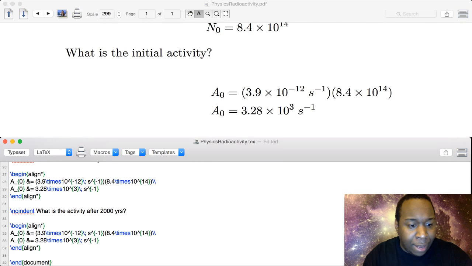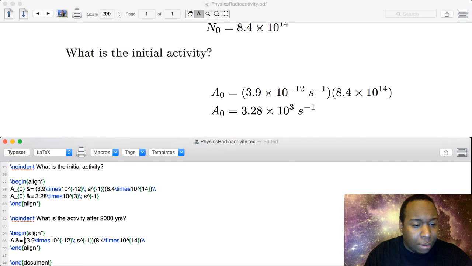What we end up getting here is that A, the final activity, must be equal to the value of A sub 0 we've already calculated, which is 3.28 times 10 to the third power decays per second.